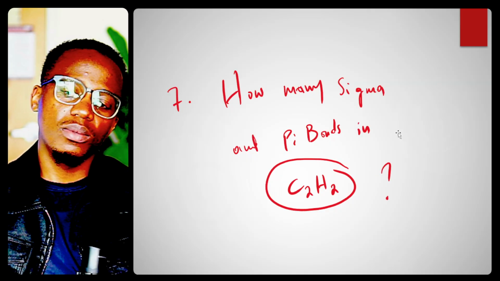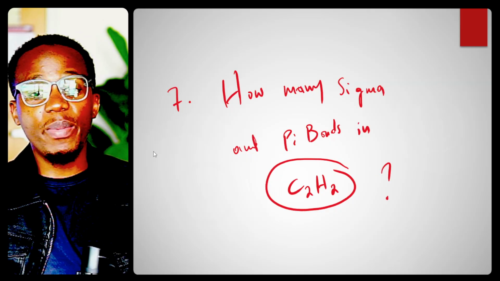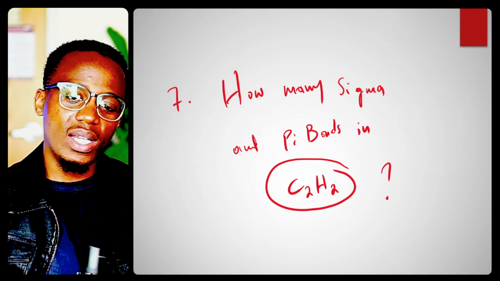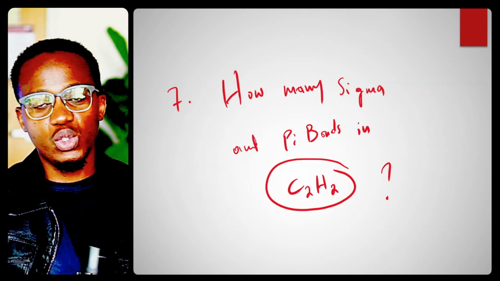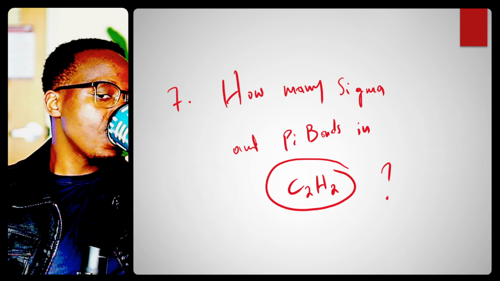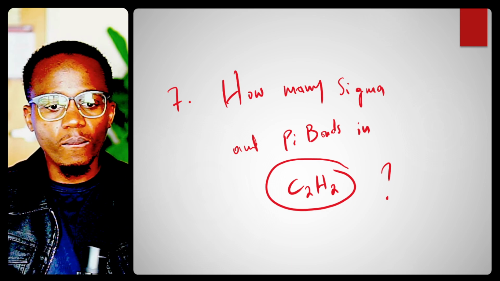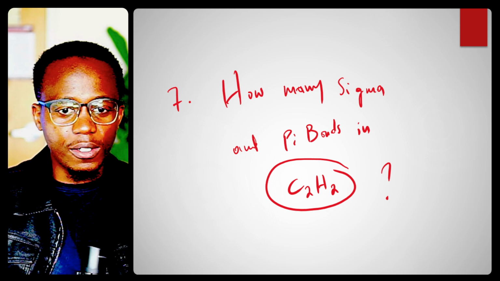All right, so you're going to tell me how many sigma and pi bonds are in a molecule of C2H2, and as you can imagine, you're going to have to draw it first, okay?